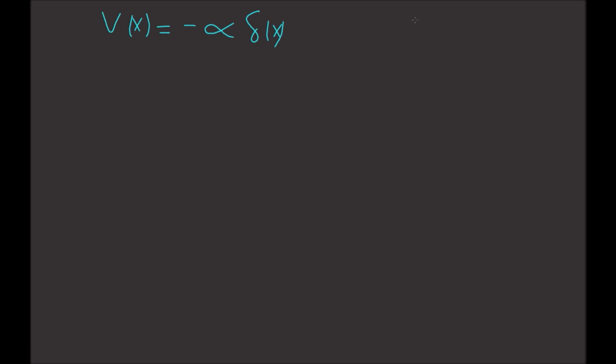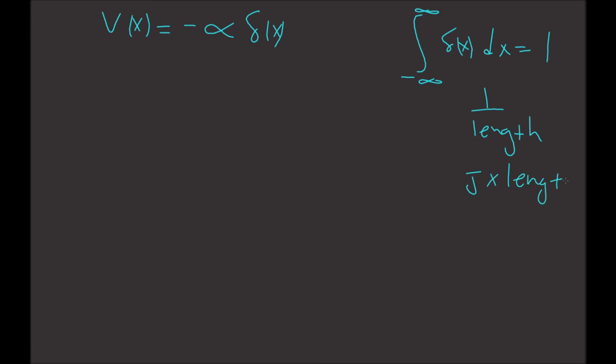But if you look at the delta function, since its integral dx equals 1, our delta function is 1 over length. So this alpha has to have units of joules times length. That's what this alpha is doing here.